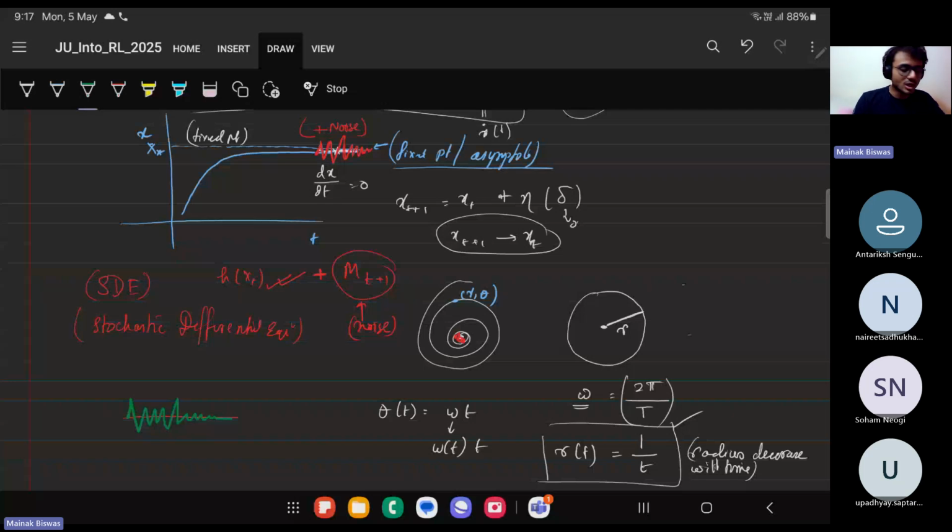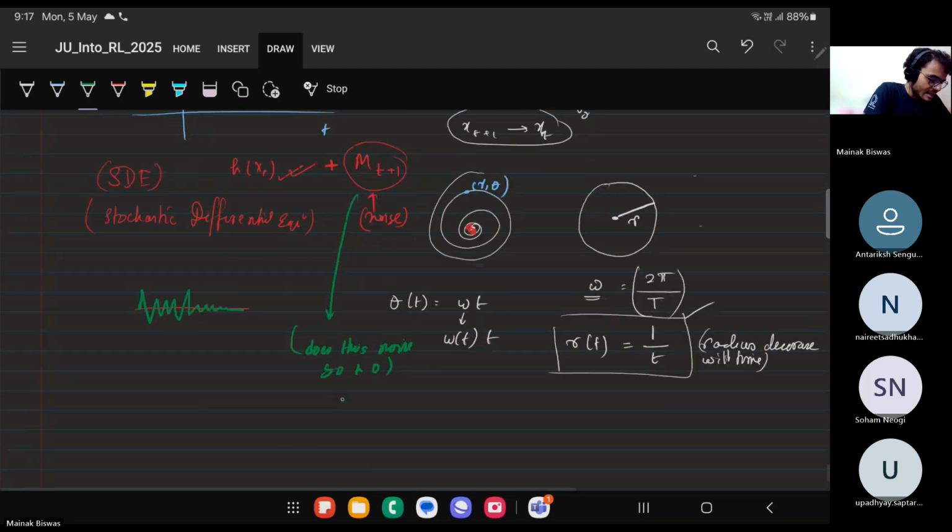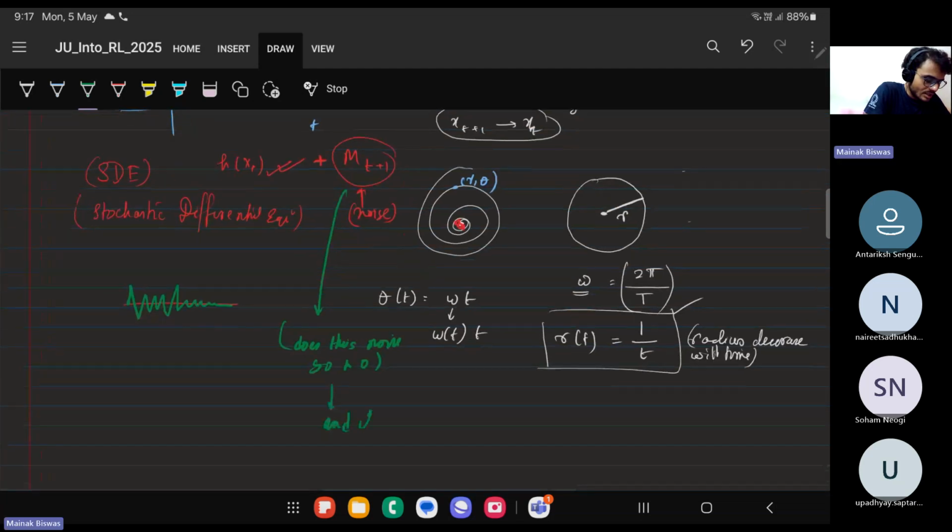So what we want to learn is, does this noise go to 0? And does the algorithm converge in expectation? This is all we want to know.